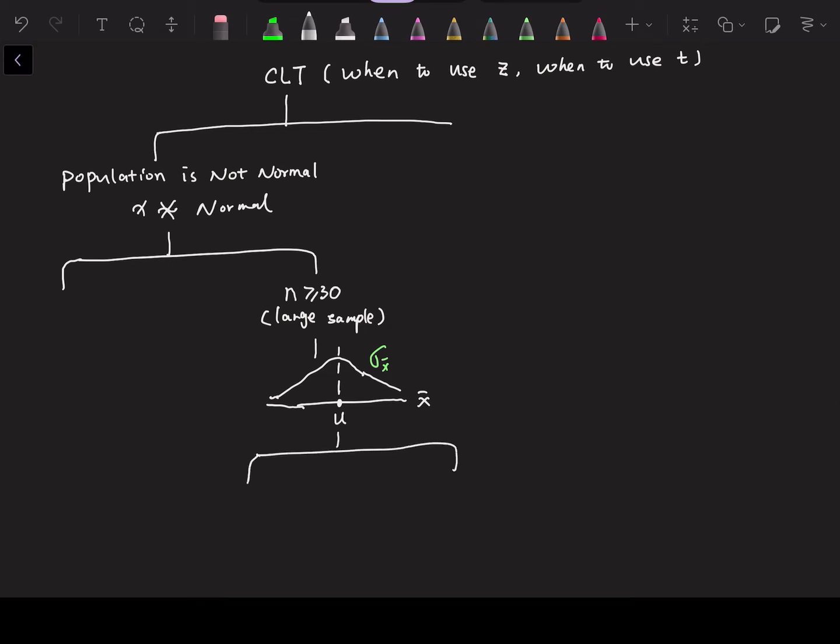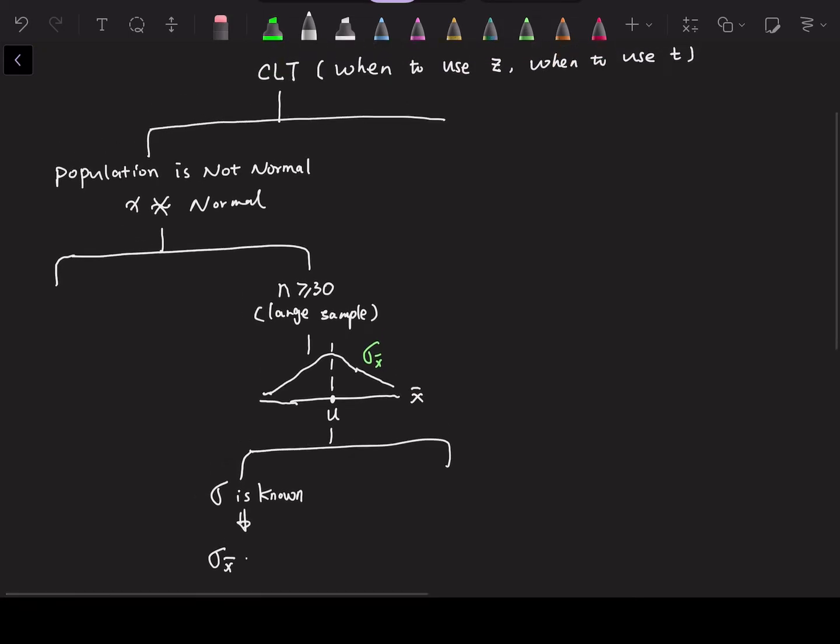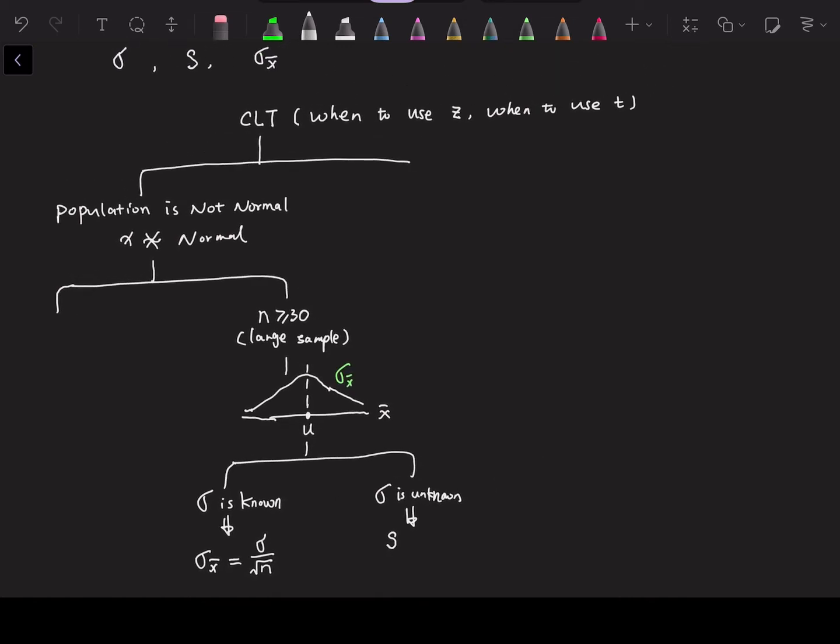So if the population standard deviation is known, the standard error of the sample mean equals the population standard deviation divided by the square root of the sample size. If the population standard deviation is unknown, because you have a large sample, you can use S, the sample standard deviation, to approximate the population standard deviation.